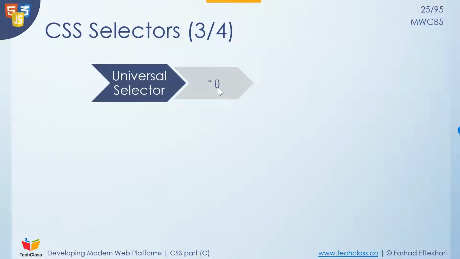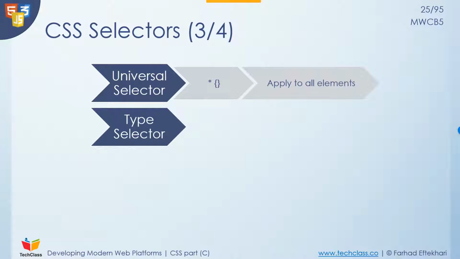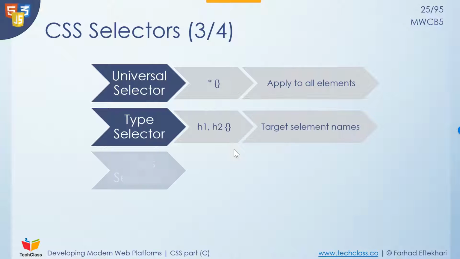You can also include properties and values. It means apply these rules to all of the elements in that page. And then we have type selector, for instance, for H1, H2, those targeted element names will be applied based on the declaration that we include inside of here.